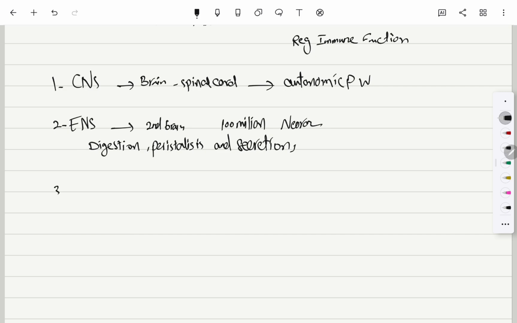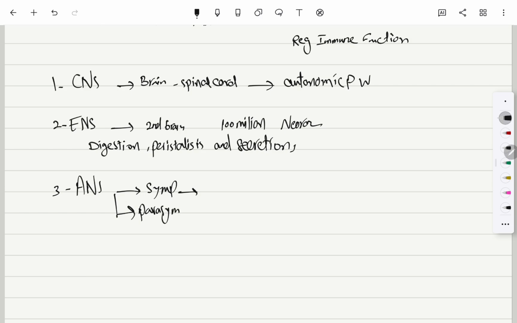Number 3, the autonomic nervous system. As we mentioned before, it has a role in the gut-brain axis, as it includes sympathetic and parasympathetic.